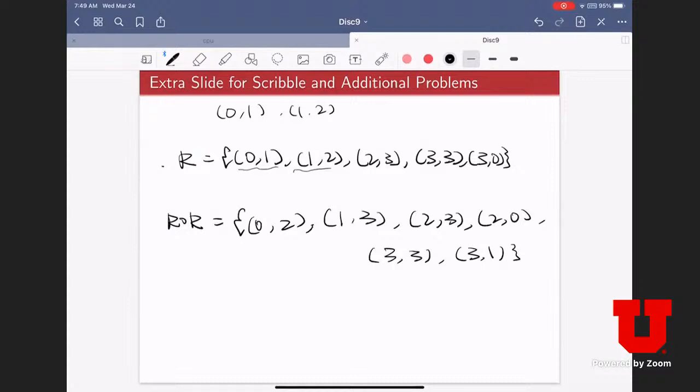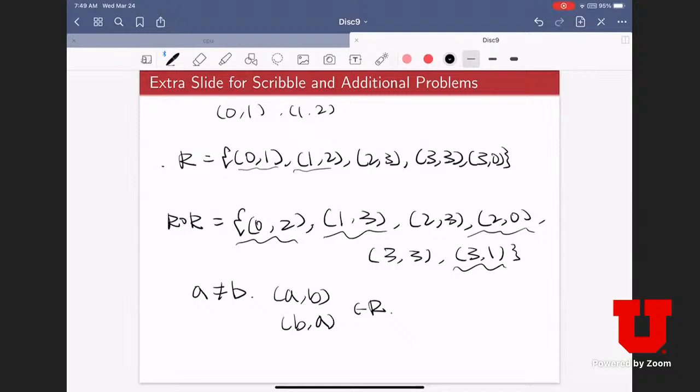And just by the definition, as said, if we have A is not equal to B, we cannot have both AB and BA in R. But in this case, we have 0, 2, and 2, 0, and 1, 3, and 3, 1 to make it not antisymmetric.